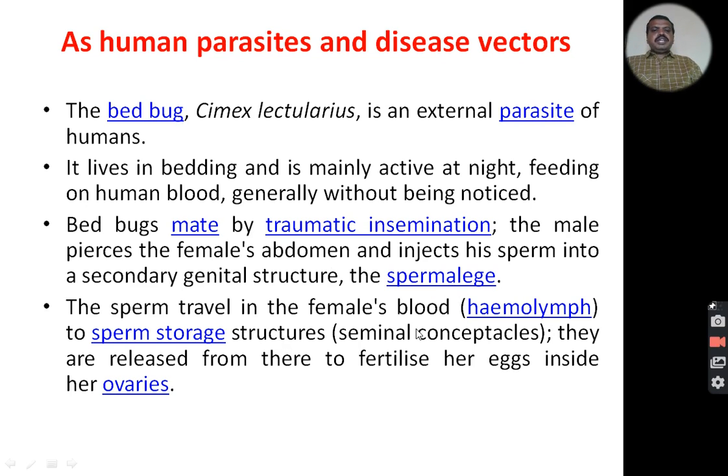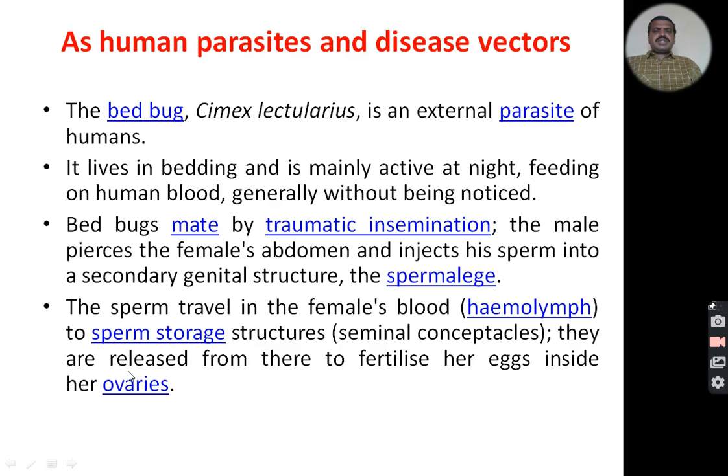The sperm travel through the female blood, the hemolymph, to sperm storage structures, the seminal conceptacles. They are released from the seminal conceptacle to fertilize the eggs inside the ovaries. In this way, the life cycle and fertilization continue for the bedbug Cimex lectularius.